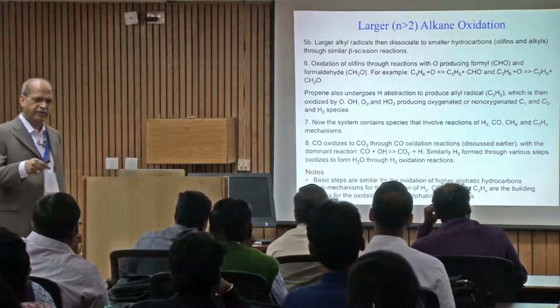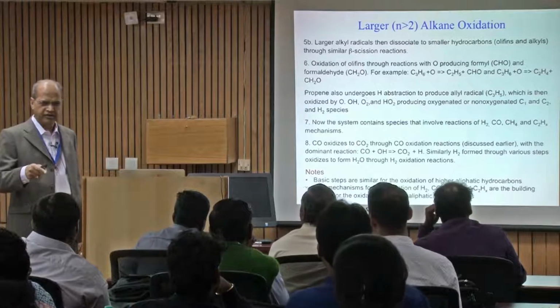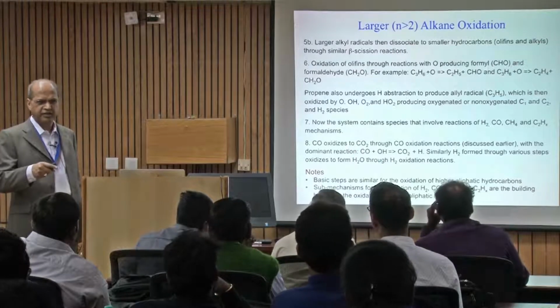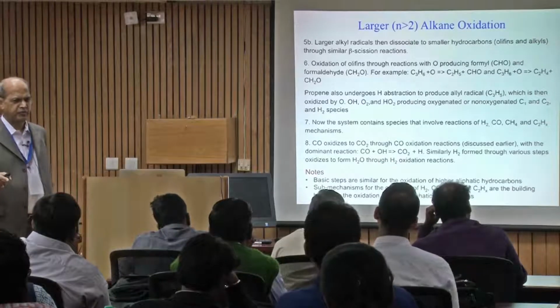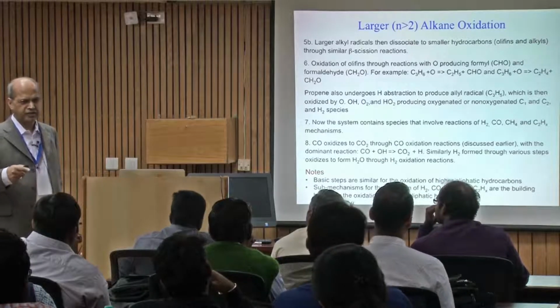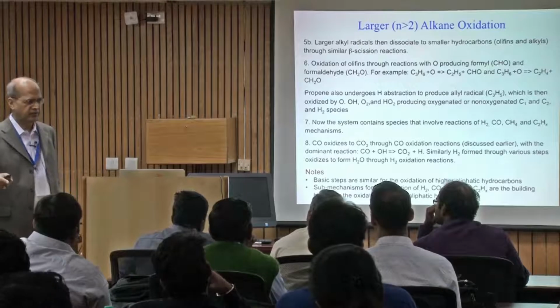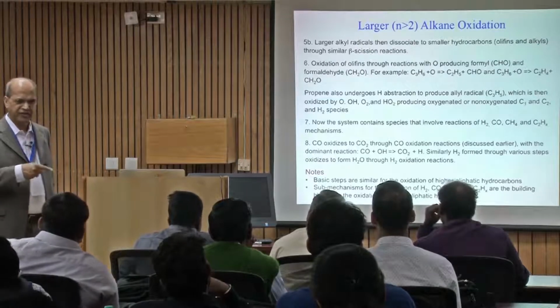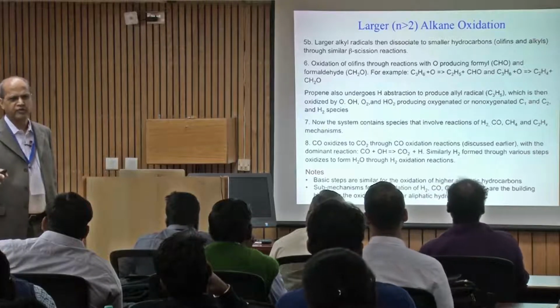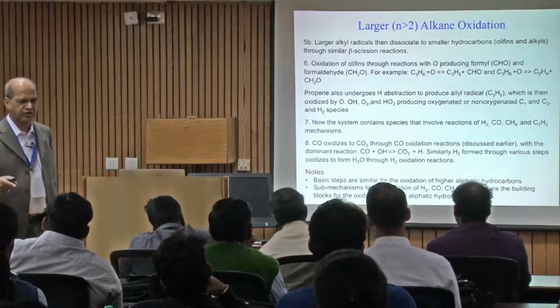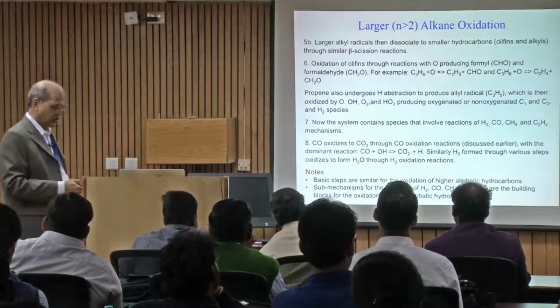Whenever any hydrocarbon reacts with OH, like say C3H7 reacts with OH, what will it produce? It will produce C3H6 plus H2O, because H is abstracted from the hydrocarbon and then combined with the OH to produce H2O.